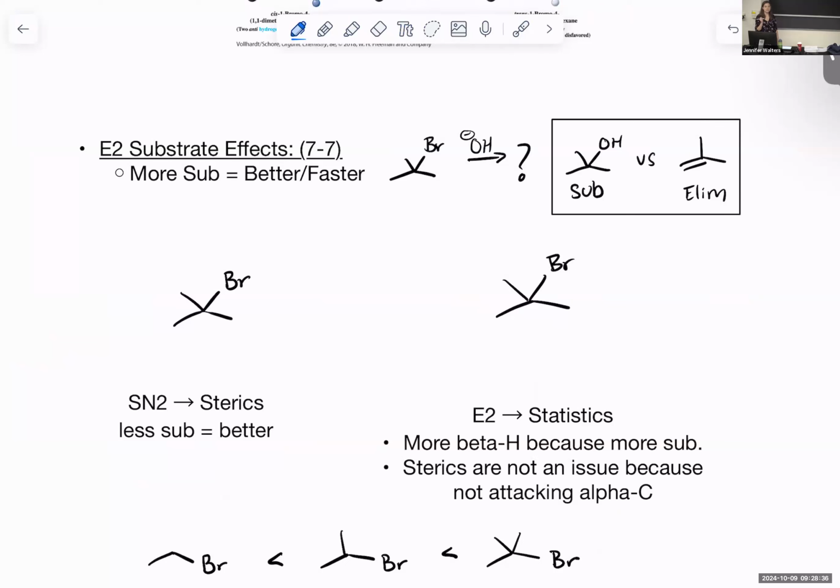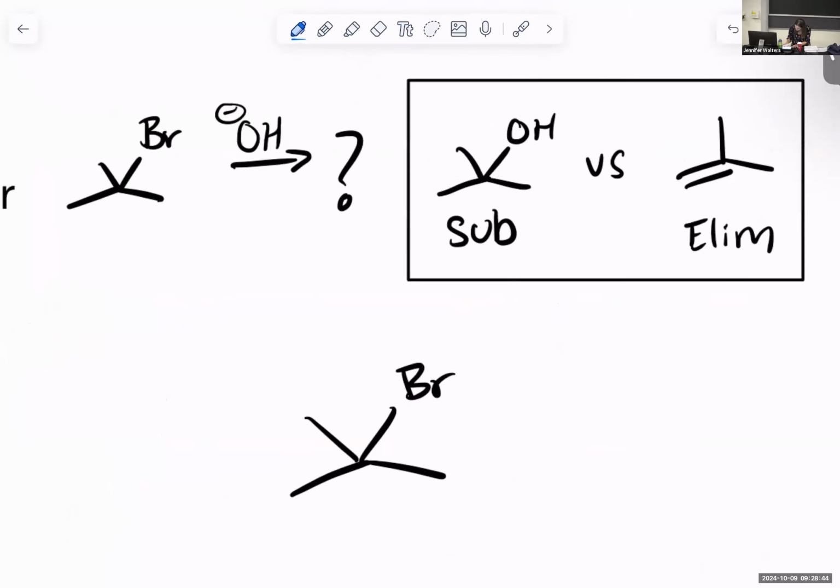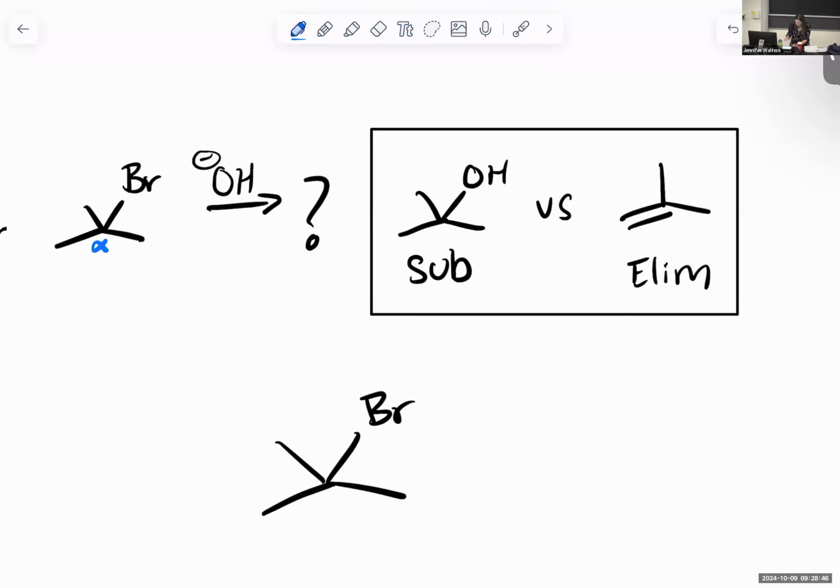So having more substituents now is faster. When we look at this, the alpha carbon is the one that has the leaving group directly connected to it. That's our alpha carbon. Beta is the one that's one away. When we're doing SN2, when we're doing that substitution, we're trying to get our nucleophile to get at that alpha carbon.